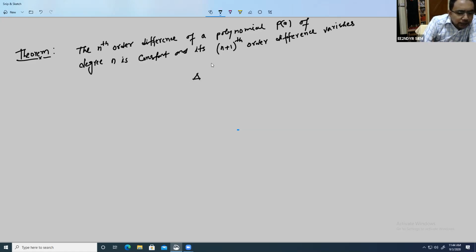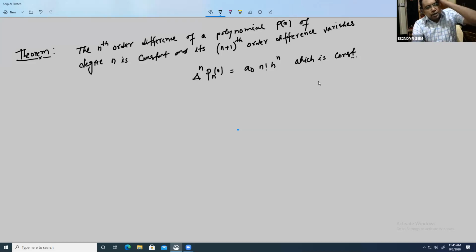Del to the power n P_n, where P_n is a polynomial, is equal to a0 factorial n h to the power n, which is a constant. Clear?